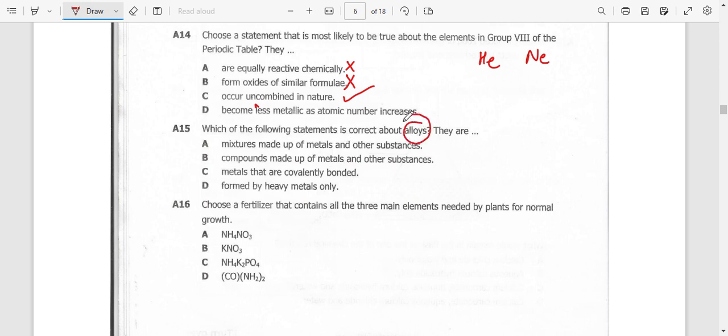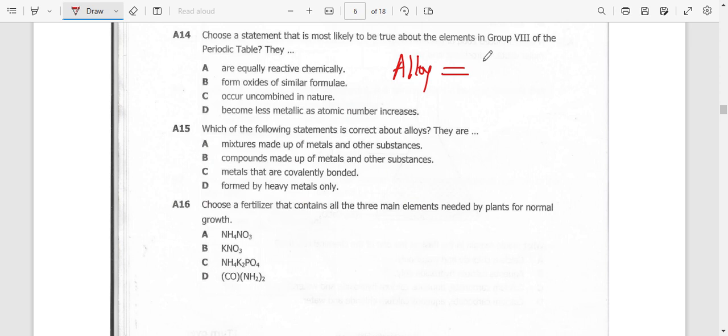What is an alloy? An alloy is a mixture of metals.